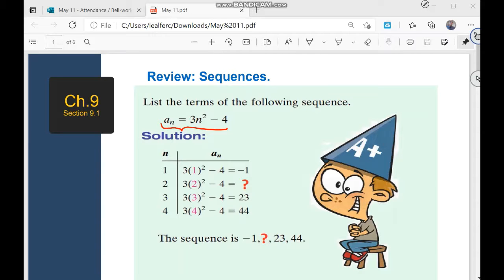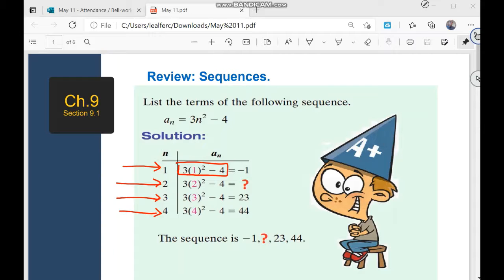Usually it's going to be a function of n, the order of the term in the sequence. In this example we had to calculate the first, second, third and fourth terms of the sequence. Remember, for the first term we have to plug n equals 1 into the formula, and then we find the answer.